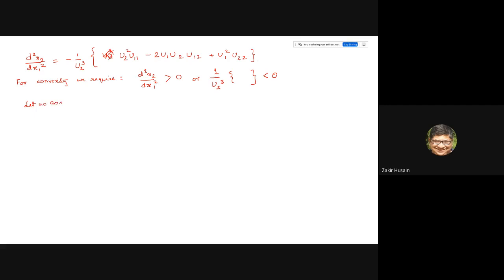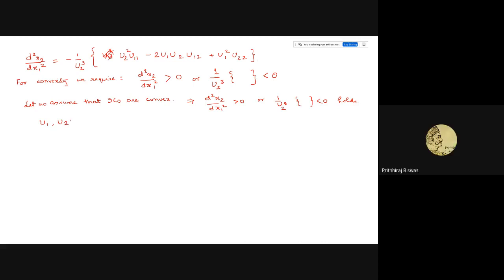Now let us assume that indifference curves are convex. Okay, so this implies that this term is positive or this term is negative. Okay, this holds. Now, what do we know about U1 or U2?